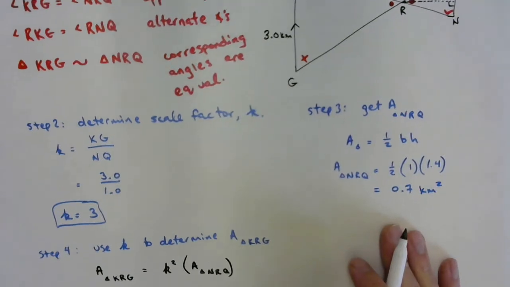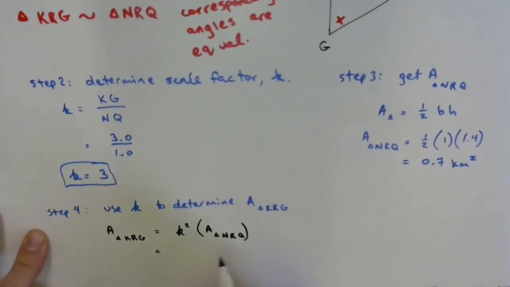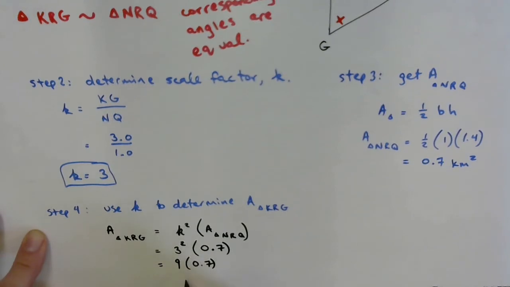I'm running out of real estate. K is 3. I'm going to show every step, so I'm going to make sure I put 3 in for K, and I'm going to still square it, and I know the area of my smaller triangle is 0.7. So now I have 9 times 0.7, that's just 9 times 7, move the decimal 1, 6.3 kilometers squared.